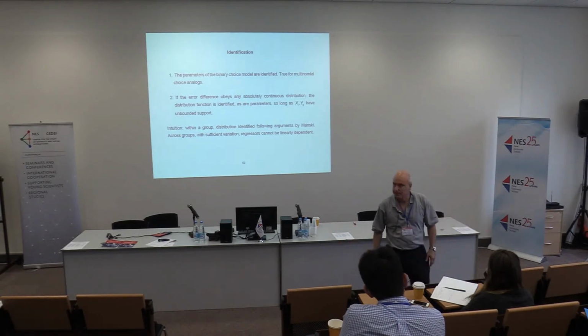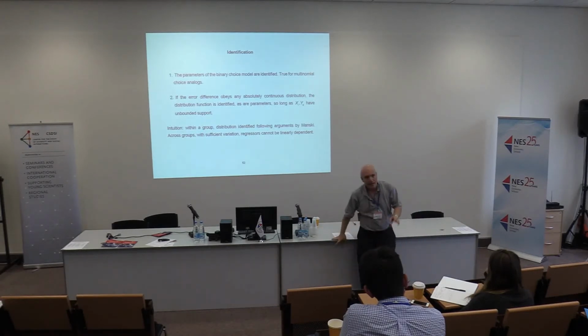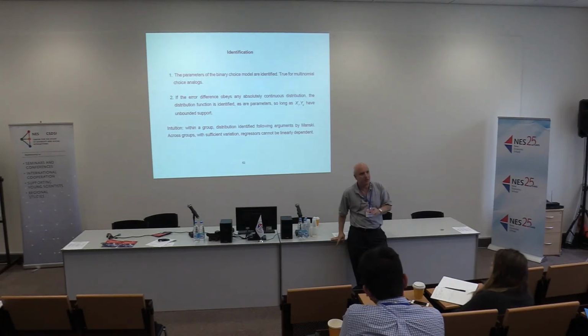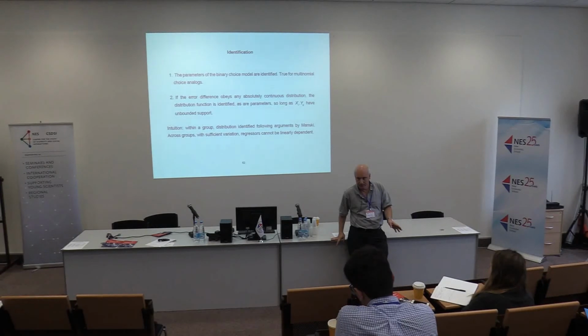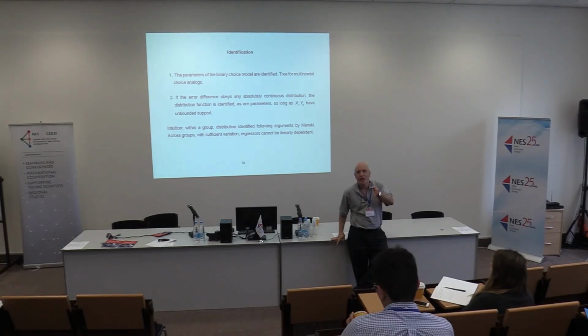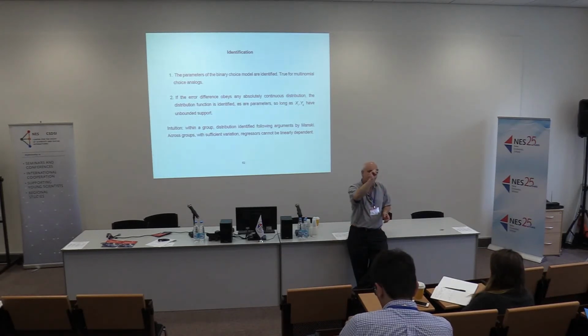So that's the model. These are the results that I want you to know. Number 1, in binary choice models with social interactions and in multinomial choice models with social interactions, these models are identified. Now the parameters are identified up to scale, and the way that you pin them down is, I made an assumption on the distribution of the error differences.